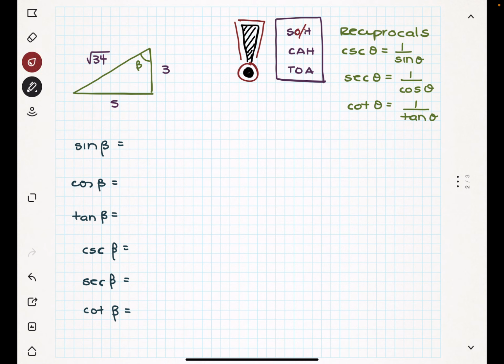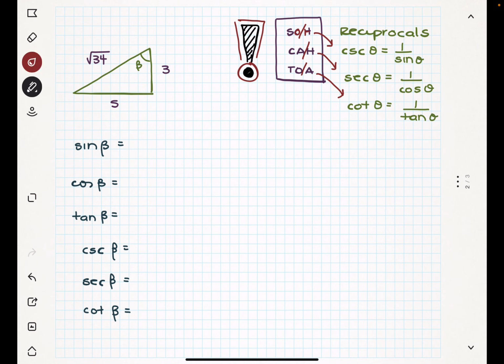Cosine is going to be adjacent over hypotenuse, and tangent is going to be opposite over adjacent. The reciprocals, they go hand in hand. So this is the reciprocal of the sine, this is the one of cosine, and this is the one of tangent. So that's the information that we need.